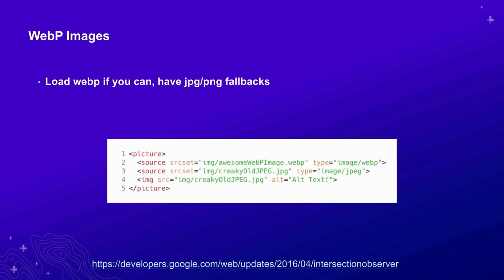And this is how you would do it. You'd have a picture tag, you'd define a couple of source tags, one with the JPEG version, another with the WebP version, and then you have your image source tag, and you can have the default be the JPEG version. And the way this is going to work is that if the browser supports WebP, it'll use the WebP image. And if it doesn't, it'll just fall back to the JPEG image.